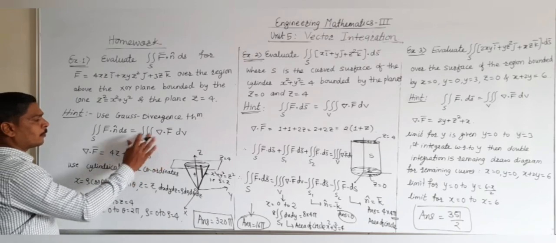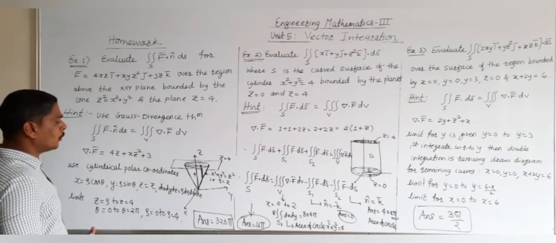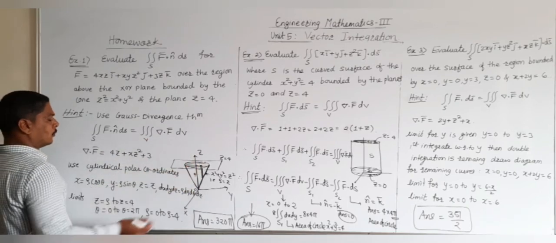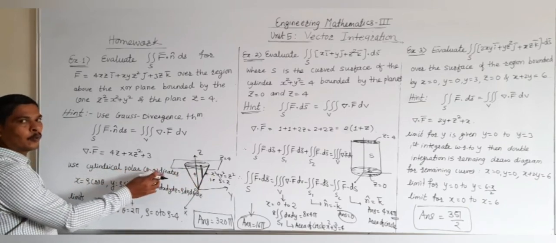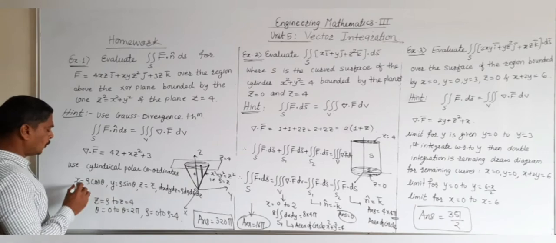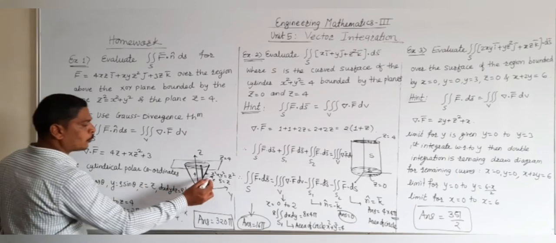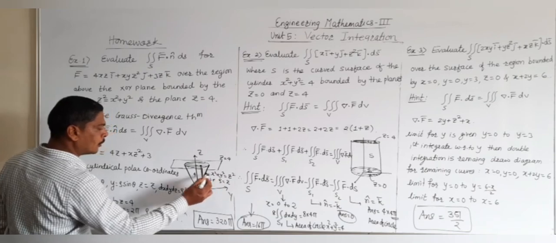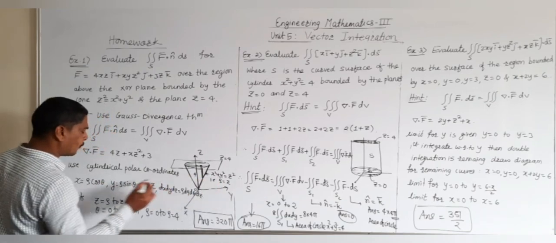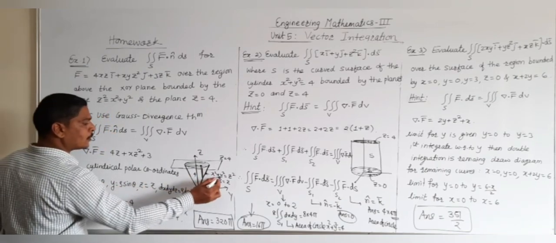Now for finding the triple integration we should convert the xyz coordinates into cylindrical polar coordinates. For the cone, the equation is x square plus y square is equal to z square. So put x is equal to rho cos theta, y is equal to rho sin theta in this equation.